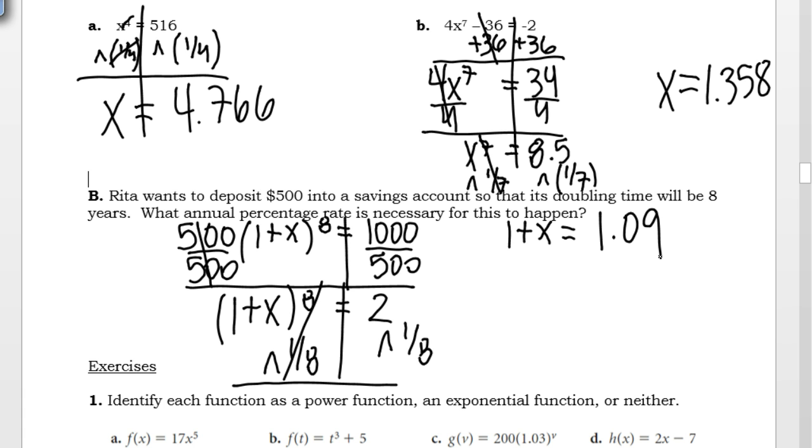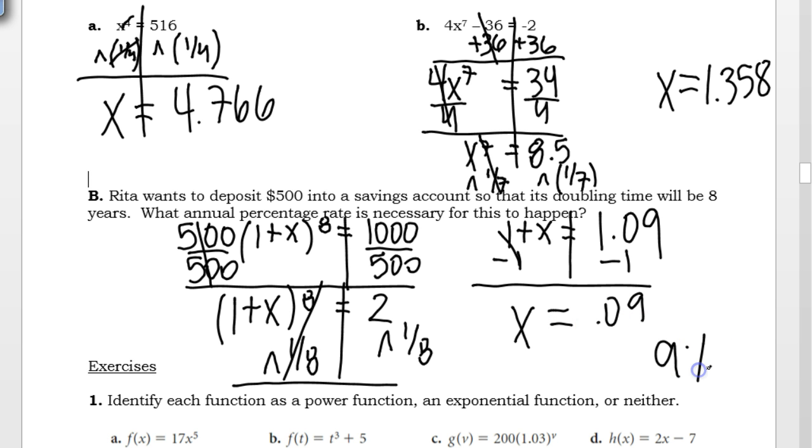And then finally I'll undo my plus 1. Which if I convert to a percentage is 9%. 9% interest rate would double that money for me in 8 years.